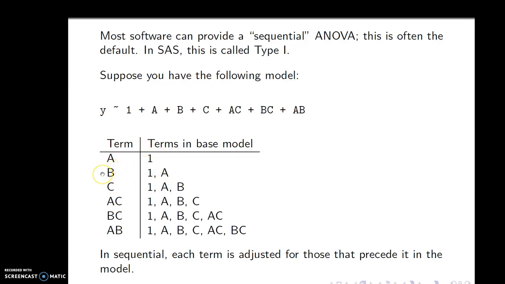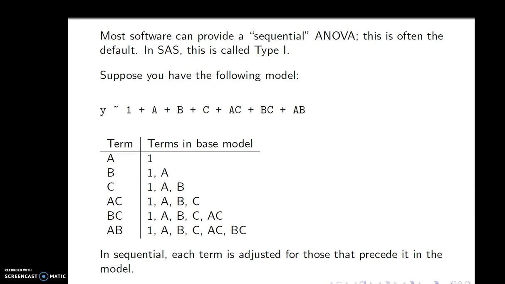Then we could add in B, and the base model that we compare that to would have additional terms 1 and A, of course. So notice we're setting up a hierarchy. So we get to C, and the base model includes 1 and A and B. Hopefully you're seeing that pattern as we start entertaining the interaction terms that we add sequentially into the model. We have all of the previous terms in our base model.